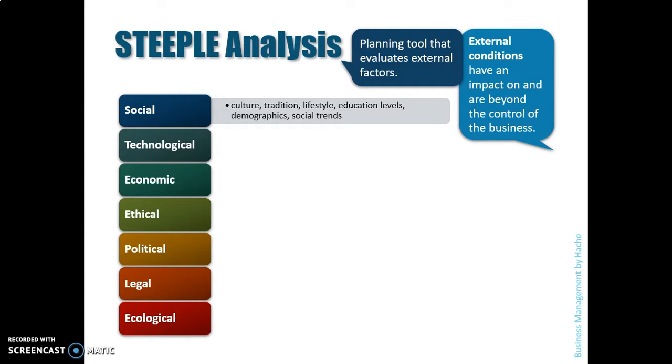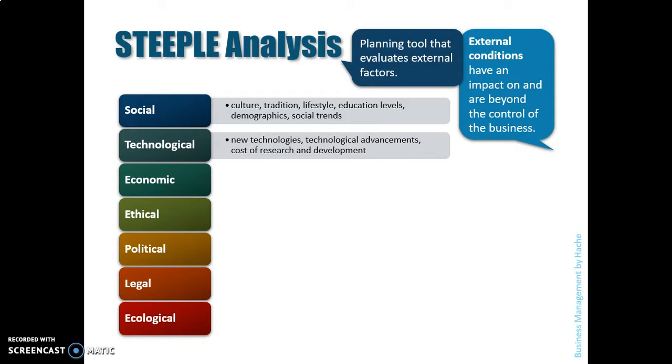Then when we take a look at technological, we think about new technologies, for example. There might be some new technologies available for our business that we would like to acquire or develop to then have a better production or have better processes or become more effective. There might be some technological advancement we would like to invest on to then stay up to date and provide the best product or the best service.